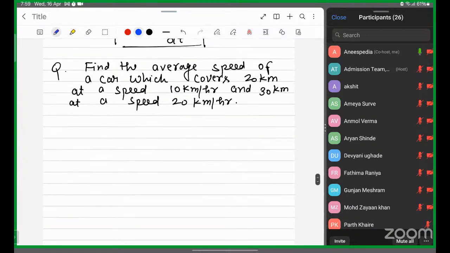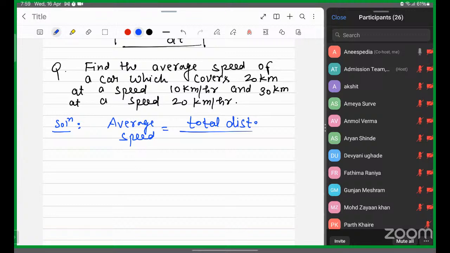What will be the average speed? Average speed is given by total distance divided by total time.